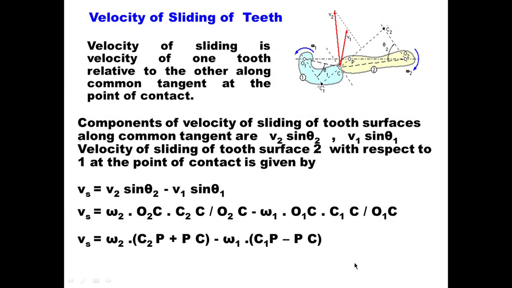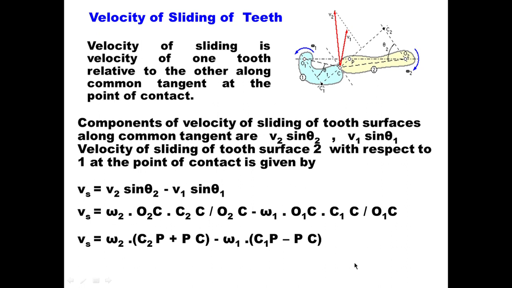Velocity of sliding of the teeth. The velocity of sliding is the velocity of one tooth relative to the other along the common tangent at the point of contact. The components of velocity of sliding along the common tangent are v2 sin theta 2 and v1 sin theta 1. The velocity of sliding of tooth surface 2 with respect to 1 at that point of contact is given by Vs is equal to v2 sin theta 2 minus v1 sin theta 1.